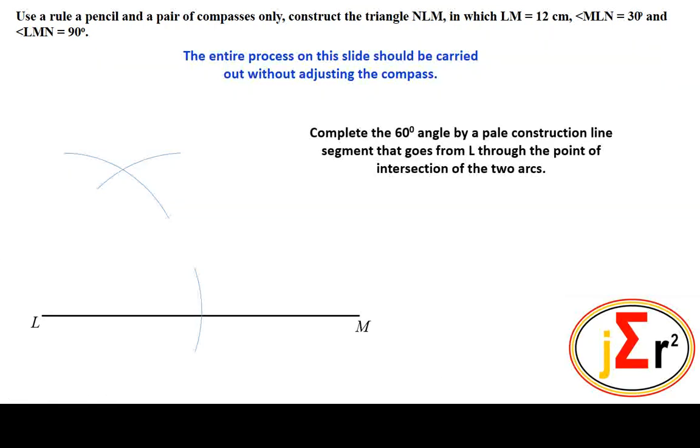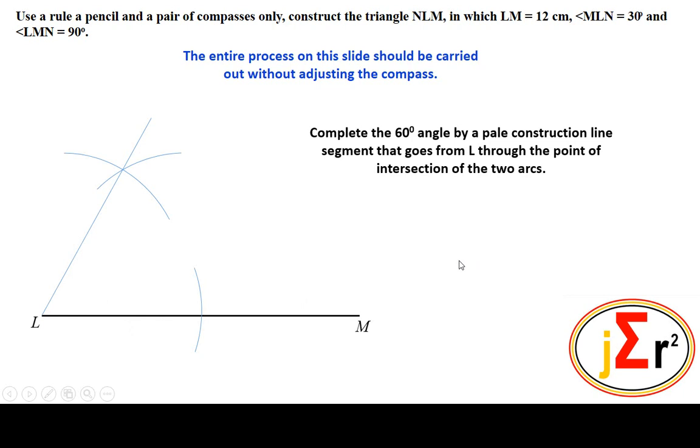Complete the 60 degrees angle by a pale construction line segment that goes from L through the point of intersection of the 2 arcs. So, just draw a line segment from L through the intersection of the 2 arcs, and that is our line segment, and this angle will turn out to be 60 degrees.